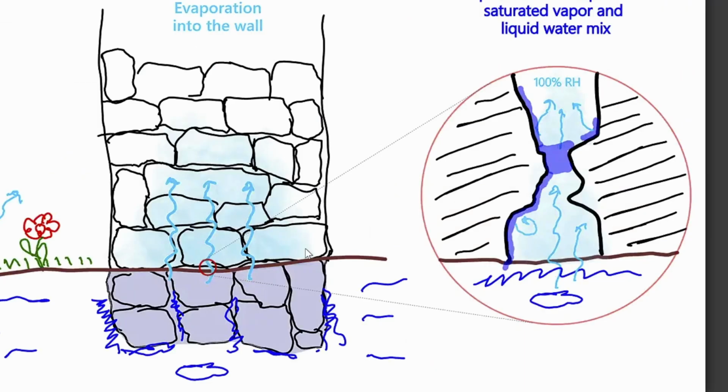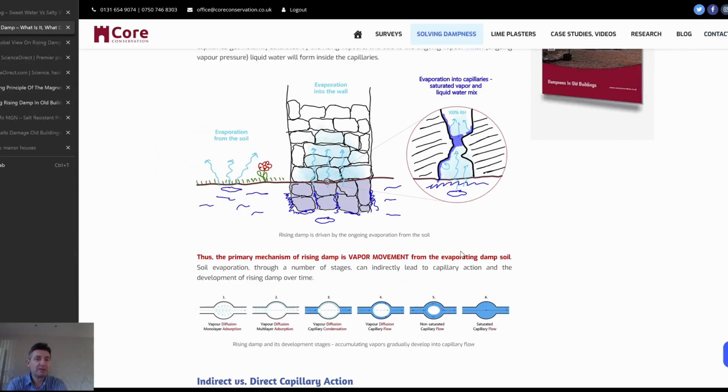So pretty much this phenomenon occurs because of pressure. The moisture keeps rising from the ground, just keeps evaporating into the breathable wall fabric, and as a result the void is going to be filled with vapors, and this will make the water condense, and this occurs because of pressure. So that's pretty much the mechanism of rising damp.